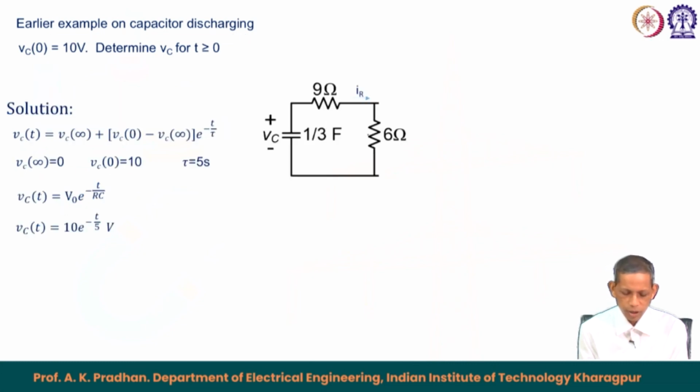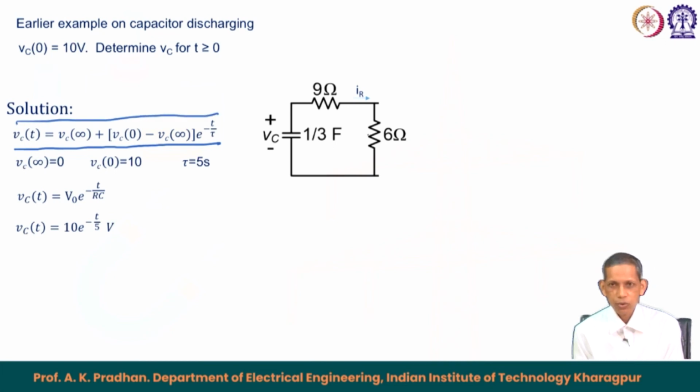Now we will apply this relation for this source free case: VC t equals VC infinity plus VC naught minus VC infinity e to the power minus t by tau. This is the final value, this is the initial value. We know VC naught equals 10 volt, and VC infinity equals 0, since in steady state VC infinity is 0, and tau equals 5 second, RC.